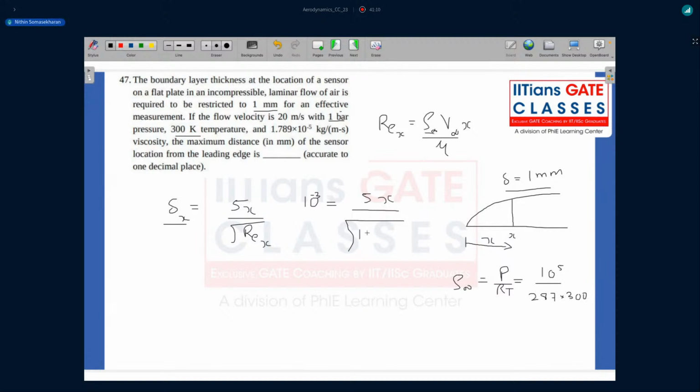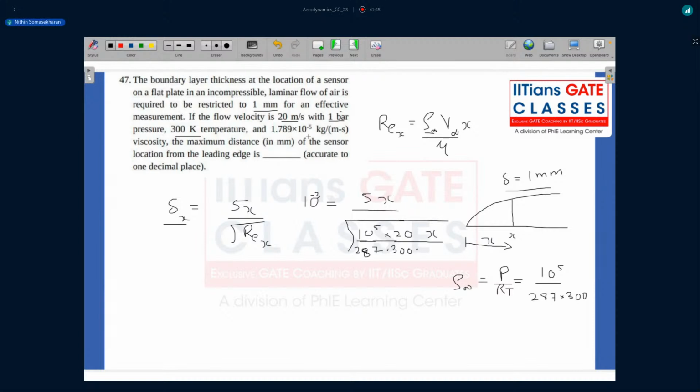So let me just write that down here. 10 power 5 divided by 287 into 300. All right, 287 into 300, and your velocity is 20 meters per second. All right, and you have your x, and then you need to put in your viscosity value as well.